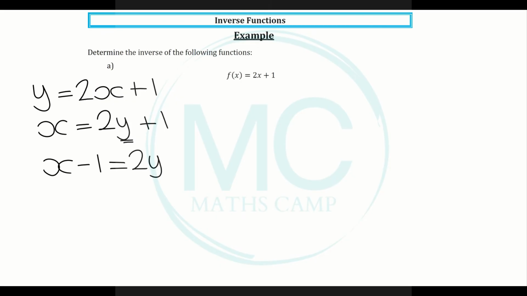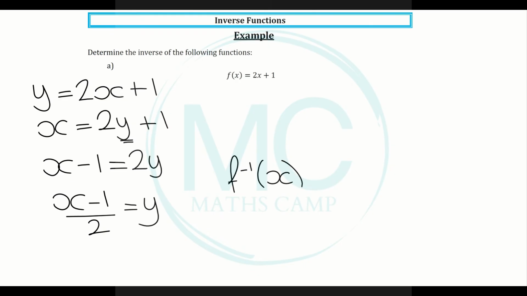Divide both sides by 2, and I get (x minus 1) over 2 is equal to y. This is my equation for the inverse. So I can rewrite it as f exponent -1 of x is equal to (x minus 1) over 2.